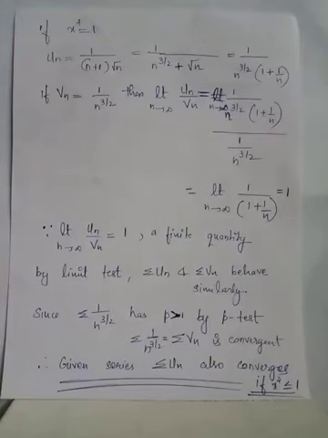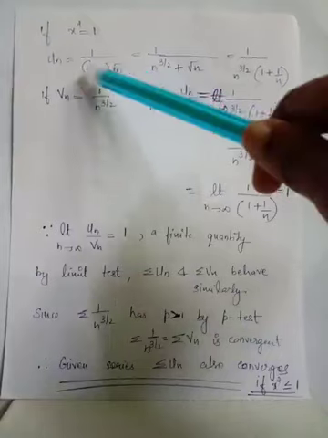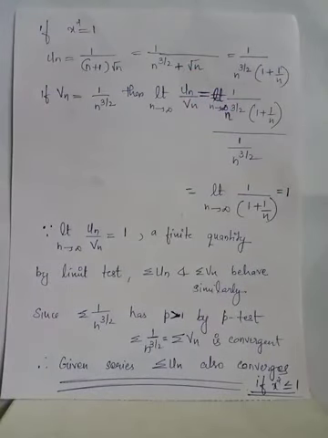Now, since we have un equals 1 by n plus 1 into root n, since we substituted x square equals 1 in the original expression of un, that's why we obtained un equals 1 by n plus 1 into root n. We may rewrite this as n raised to 3 by 2 plus root n, when we multiply root n inside the parenthesis.